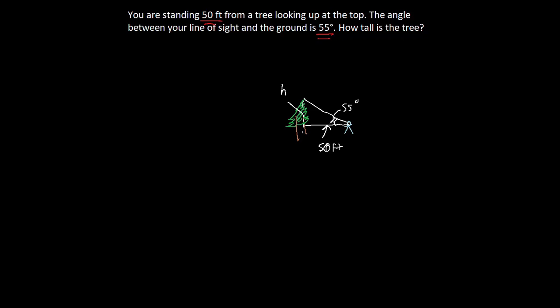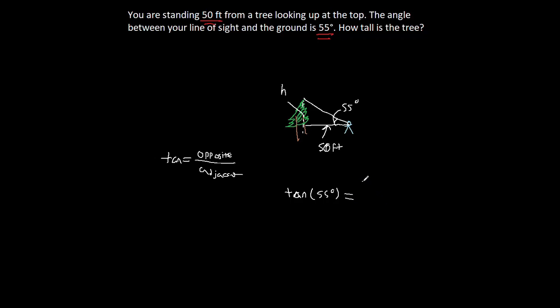So what relates opposite to adjacent? Right, that's tangent. Tangent is TOA, so it's opposite over adjacent.